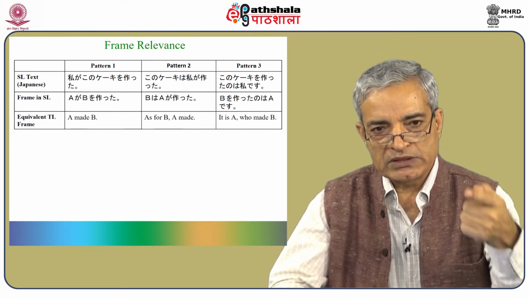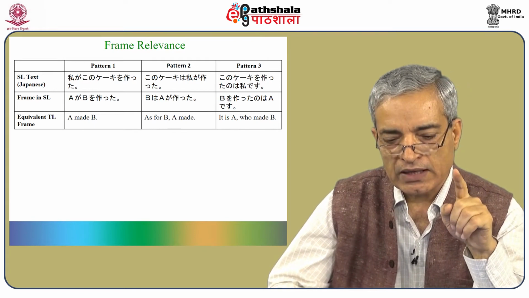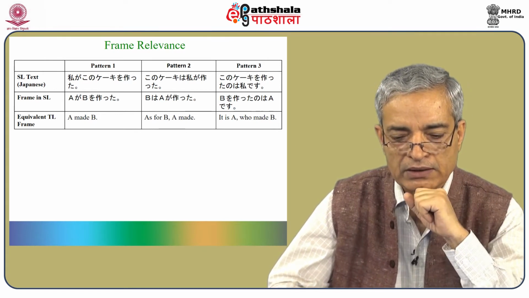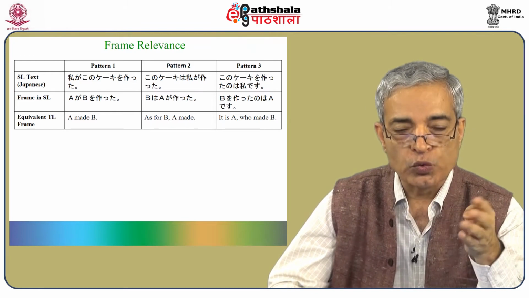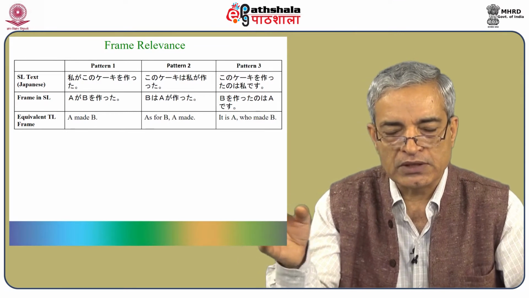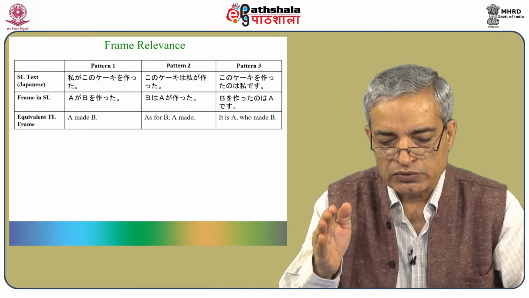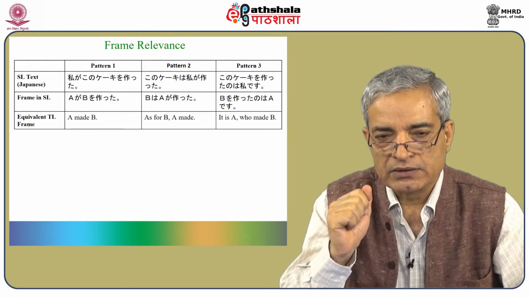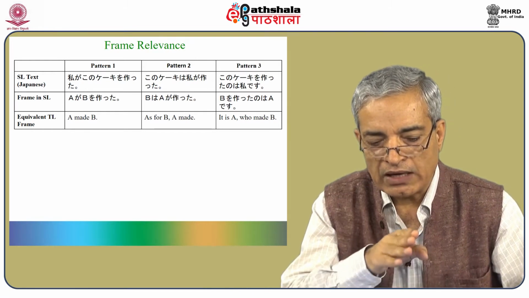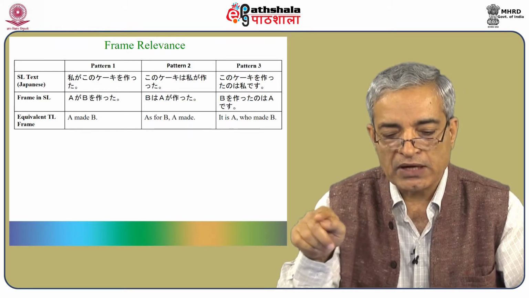Now, if we see the equivalence, the first one is A made B, the second one is as for B, A made it, and the third is it is A who made B. Now you can see, at least in the first and the third, the emphasis is totally different, the nuance is quite different. In the case of the second also, A made it. In the first sentence, we are saying A made B, very simple. In the second, we are saying A made it.